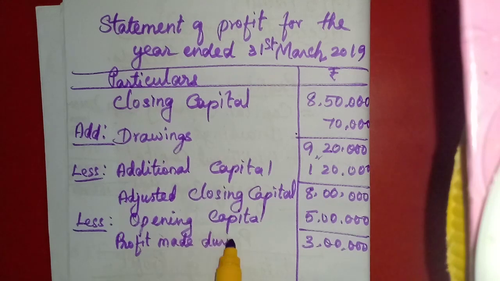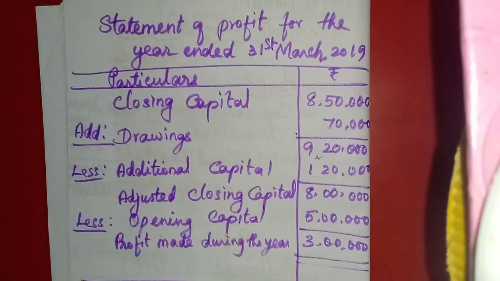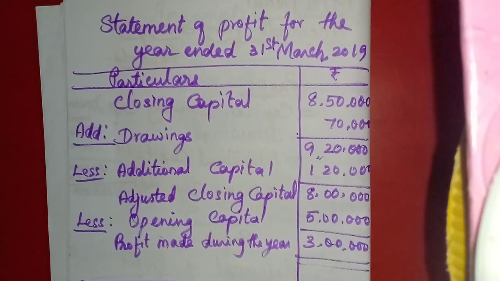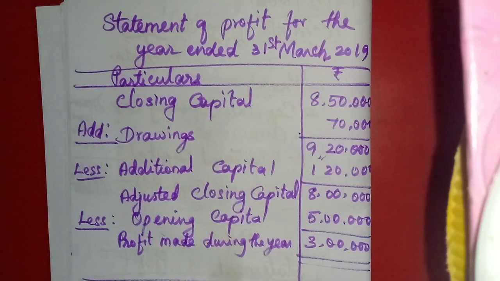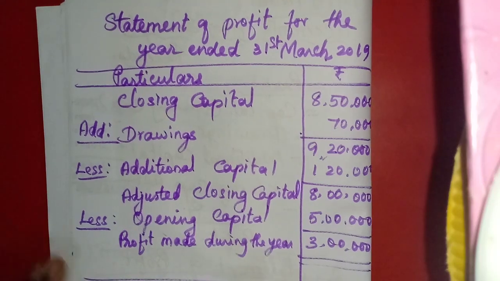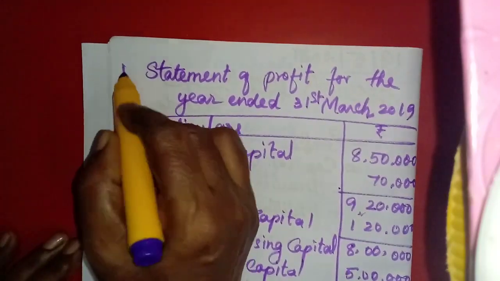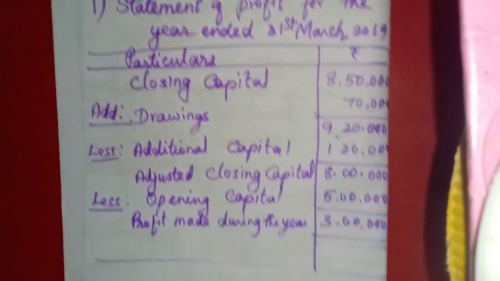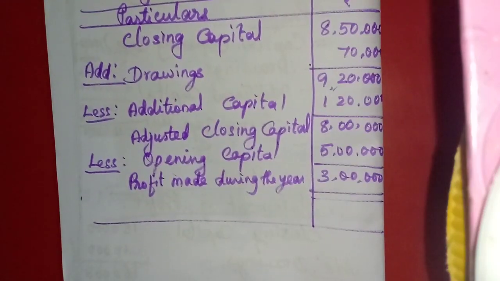Simply profit also we can write. Double line you draw, close the column. Okay, that's all. For either 2 mark or 3 mark they will ask this type of problems. So one problem we have completed. First we will write the number, isn't it? Number 1.